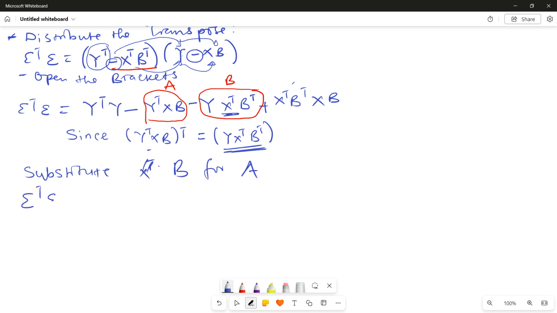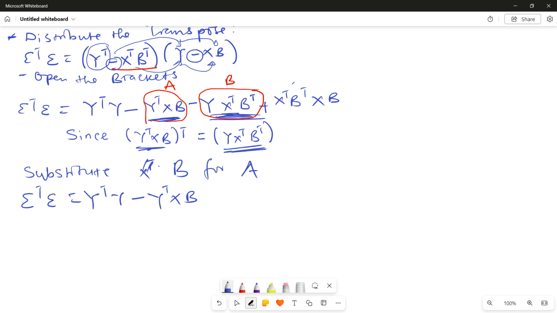E transpose E is equal to, we get the first term there, y transpose y minus, and this will give us y transpose xb, which is this term, and then while there is B there, we can put A.